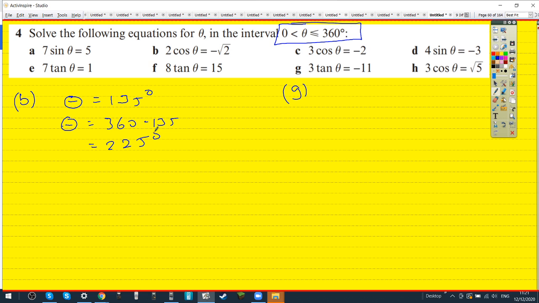I got minus 74.7. And then would you add 360 to it? Second answer for 10. So would you add 180? Yep.